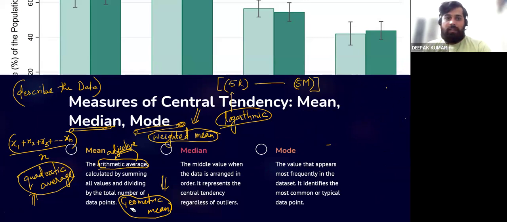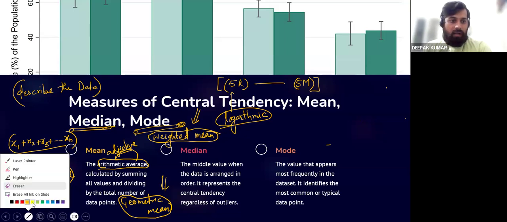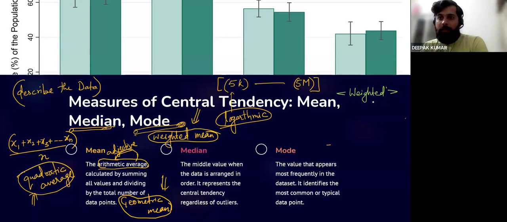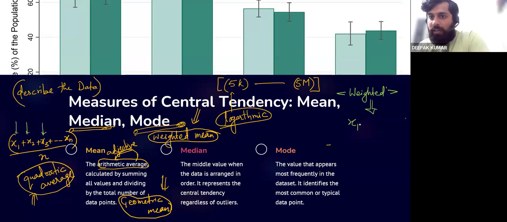I use the angle bracket as the symbol of mean. Weighted mean says that to the first entry, among x1, x2 and x3, I'll multiply the weight of 0.5.